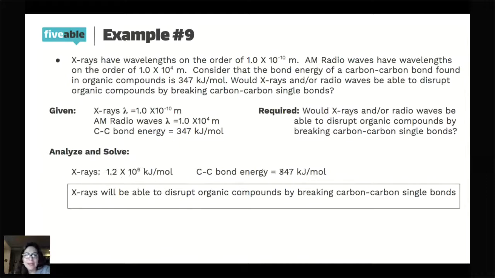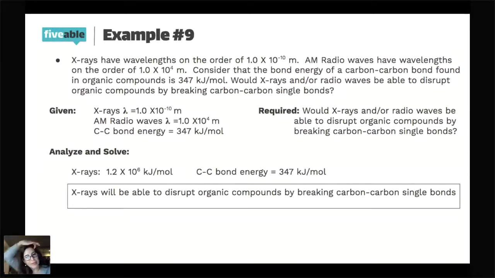It is bigger than the energy needed to break the carbon to carbon single bonds, which all organic compounds have. So if you're exposed to a lot of X-rays, you can disrupt organic compounds. And remember that we are organic compounds. Our tissue and our muscles are made of organic compounds. So that's why you need to be careful.